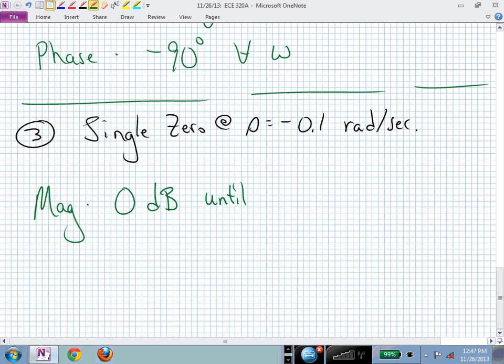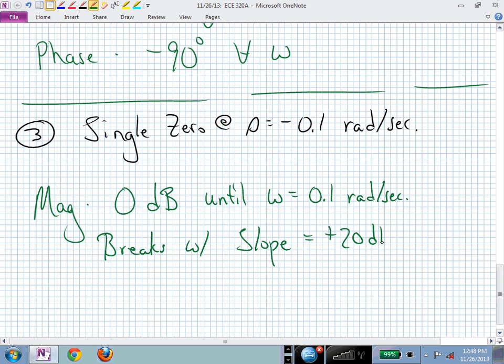And it breaks at its zero location, which is 0.1 radians per second. And at that point, it now breaks and starts to have a slope. And what's the slope of a zero factor? It's in the numerator, it's upstairs, so it's plus 20 dB per decade.